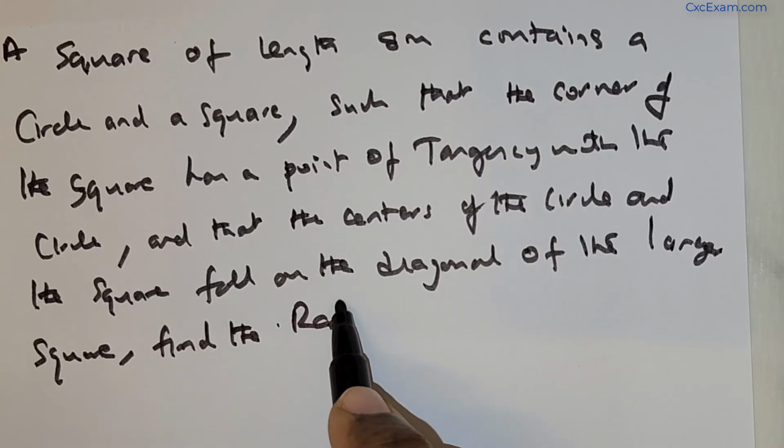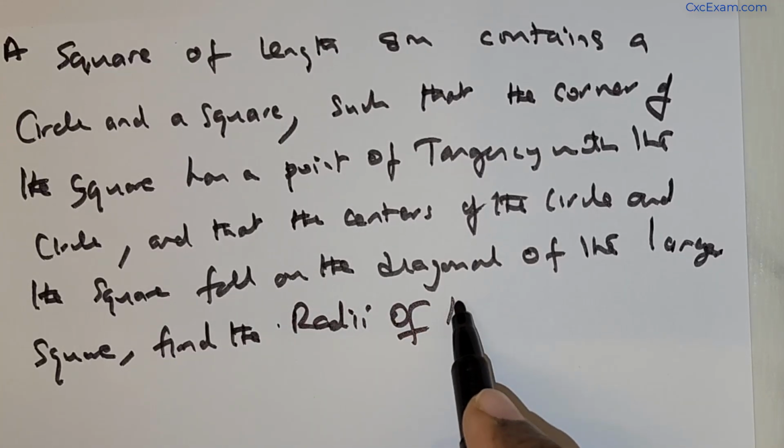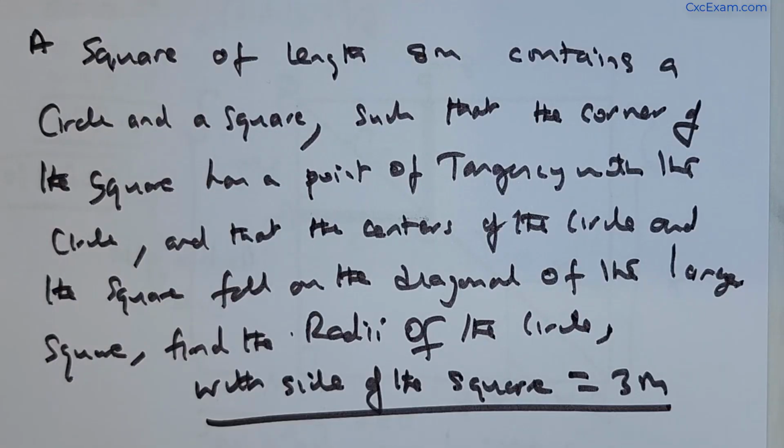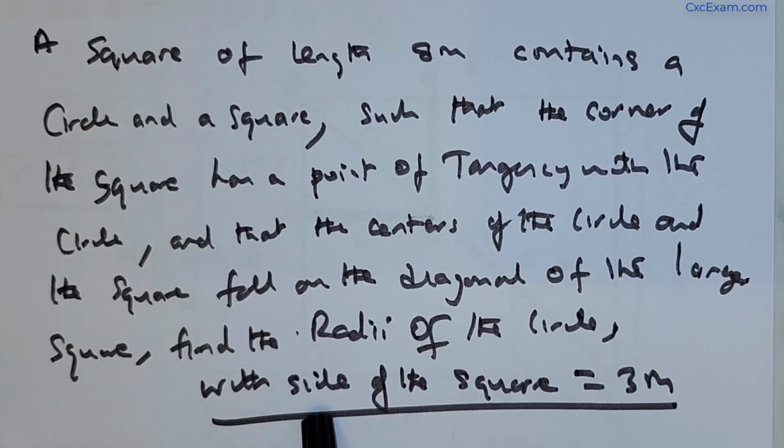Find the radii of the circle, and we are also given that the side of the smaller square is 3 meters. And with all this information, we will have to draw the graph.